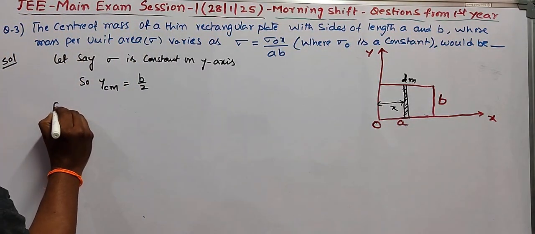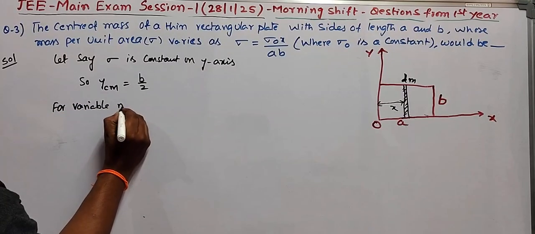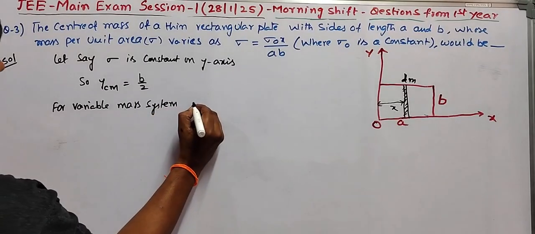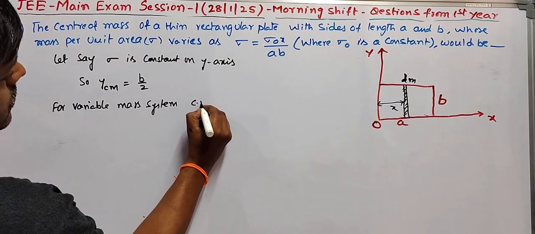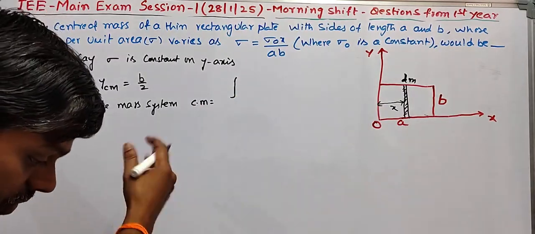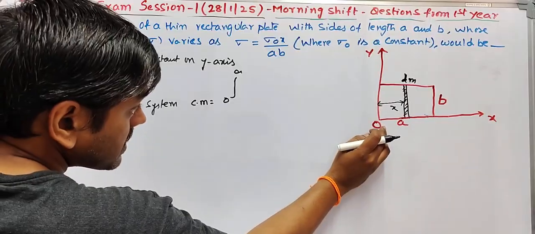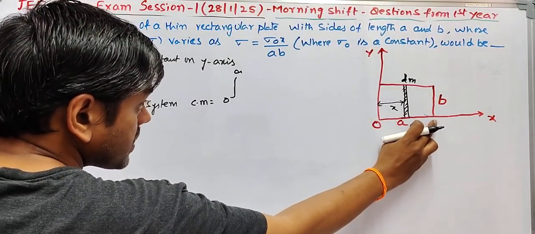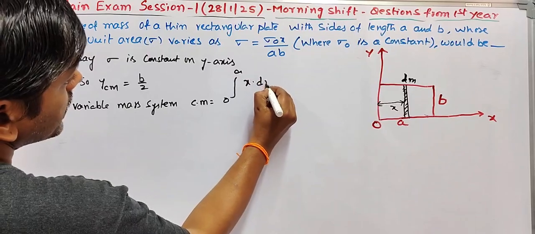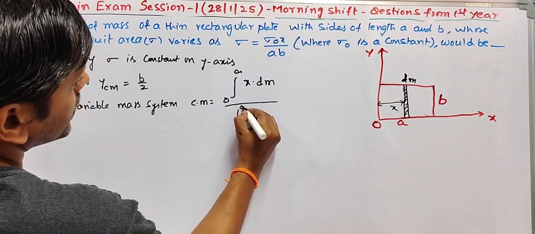Okay, so you want to calculate that value. So for variable mass system, okay, the center of mass is equal to integral from minimum to maximum. It means 0 to A. Here you see, its mass starts from 0, maximum length is equal to A. So integral 0 to A x into dm by integral 0 to A dm.